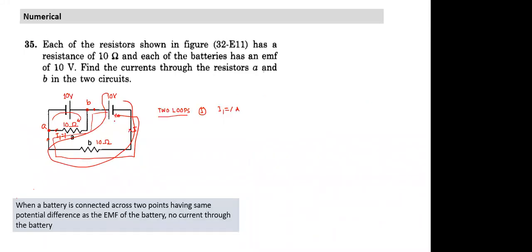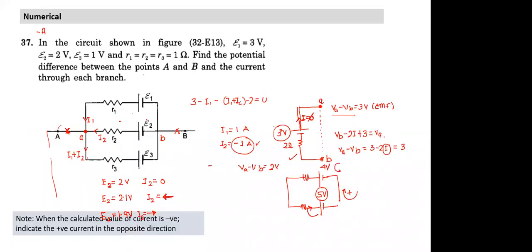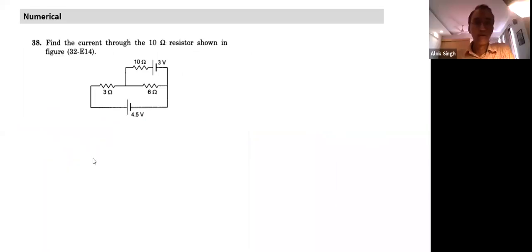Okay, let's come to one more question. In this case also, suppose I have to find this current I, the current through the 10 ohm resistance. Can I find this current I? Actually, the current comes to 0.